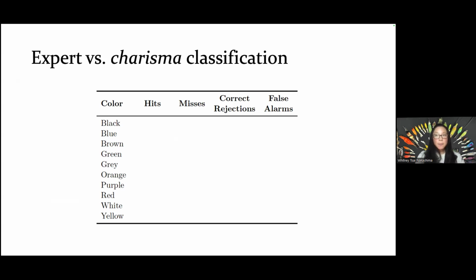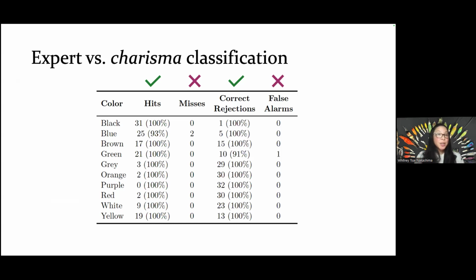And so here we'll want to see high numbers for hits and correct rejections and low numbers for misses and false alarms. And we do indeed see that we have almost 100% hits and correct rejections for our expert and Charisma color calls. And so this is telling us that our Charisma program is working pretty well.